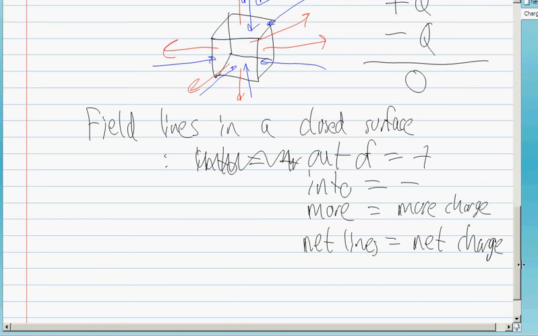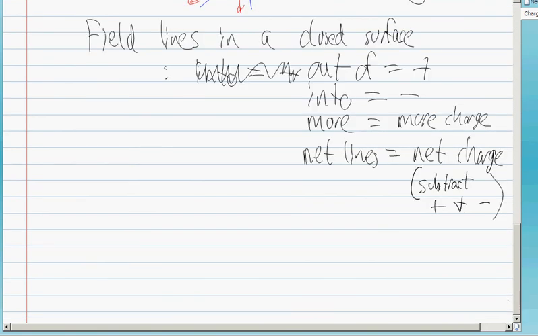So if you have positive and negative, you have to subtract the positive and negative ones. That makes sense so far? Good. I'll stop there and we'll do our second video, which will be just the concept of electric flux.